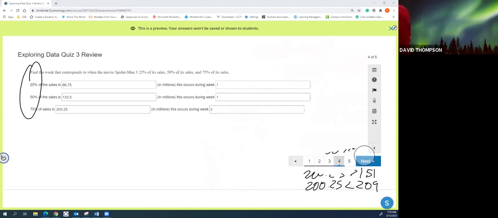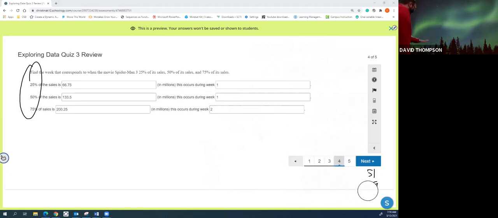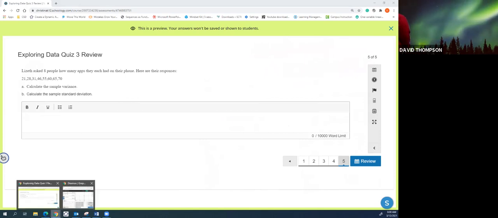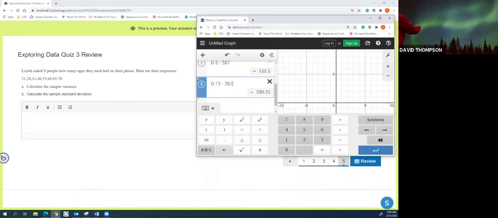Okay, let's go on to our last question. It says calculate the sample variance and calculate the sample standard deviation. So we're given a list of numbers. This is where we're going to use Desmos and we'll clear everything out.